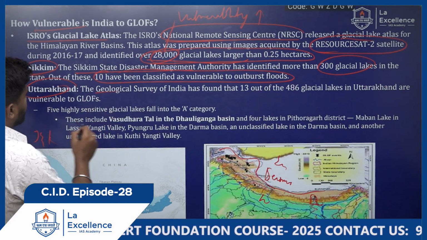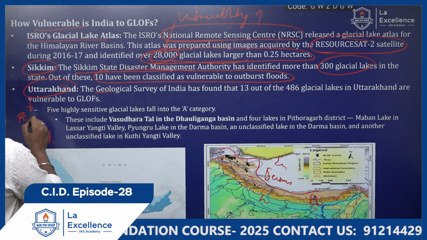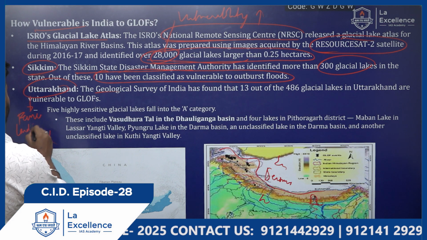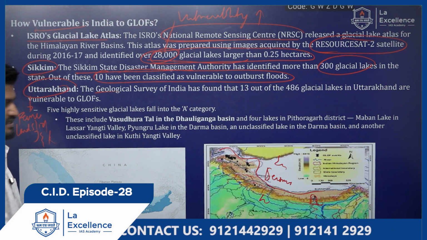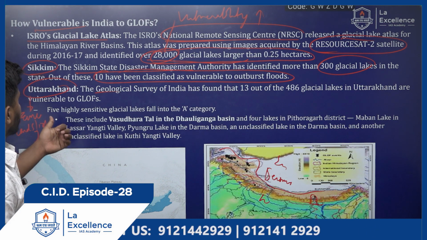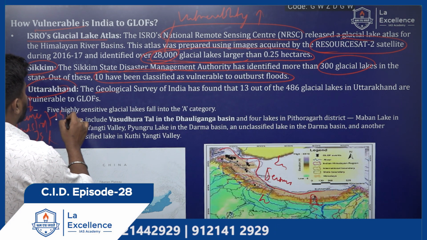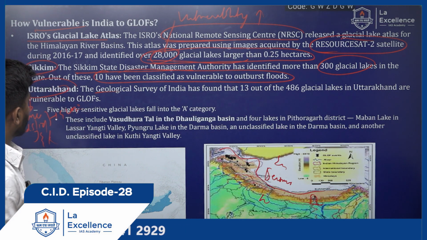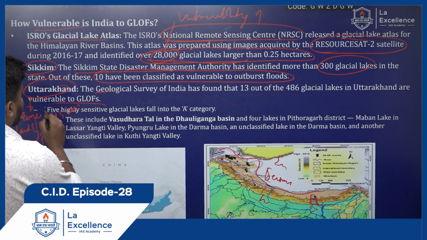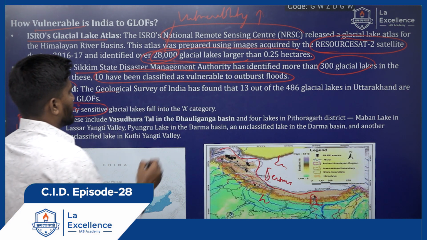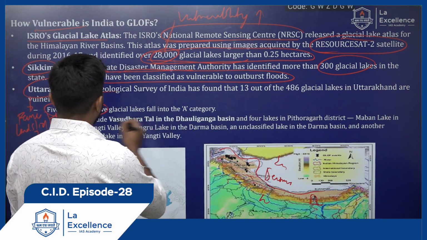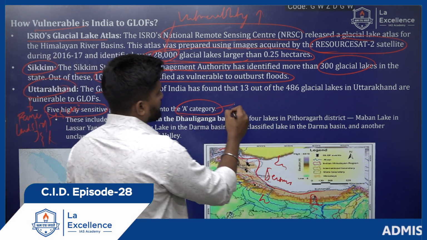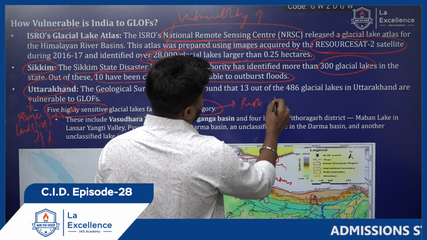And then Uttarakhand is famously or infamously prone to disasters like landslides, avalanches, glacial lake outbursts, cloudbursts, etc. Because of so many vulnerabilities, GLOF again becomes a danger for this state. In this region, 5 highly sensitive glacial lakes have been identified to fall in the A category. The A category means the risk is very high.